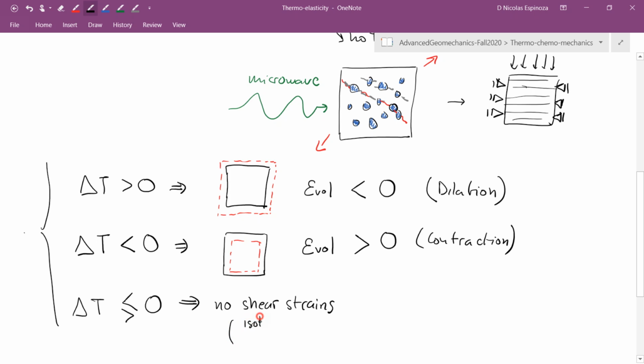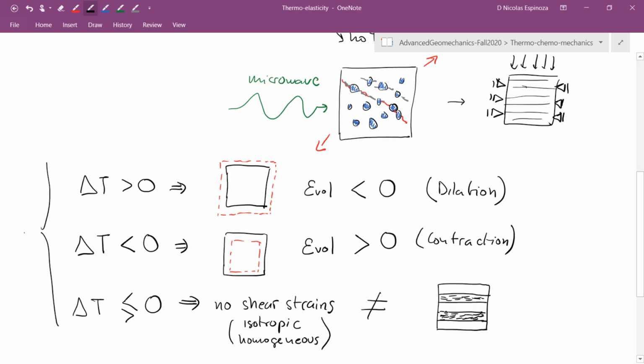So let me add that this is what we have in an isotropic and homogeneous solid. This is going to be different, for example, if we had a heterogeneous solid, like some of our rocks, which are usually laminated and have a heterogeneity distributed in layers.